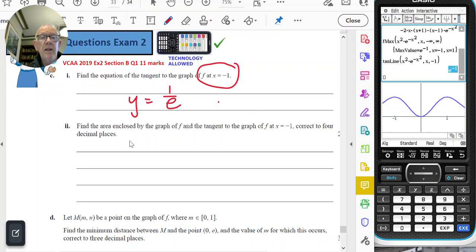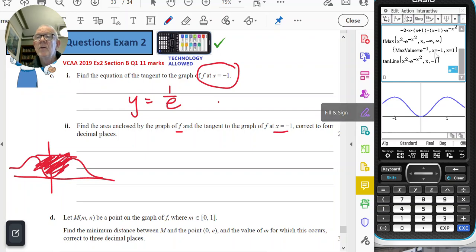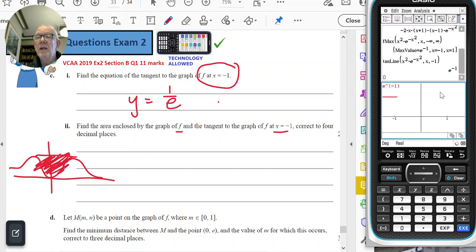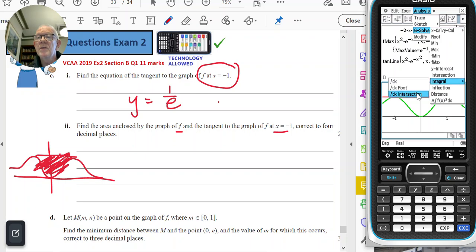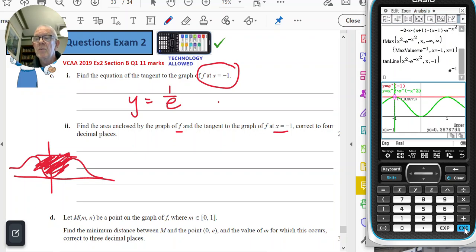One more. Find the area enclosed by the graph of f and the tangent line to 4 decimal places. So we're looking for this area in here. And I can put my line 1 on e in, and I can put this line here in, and I can do analysis, G-solve, integral, intersection, choose the first one, come across, choose the second one.